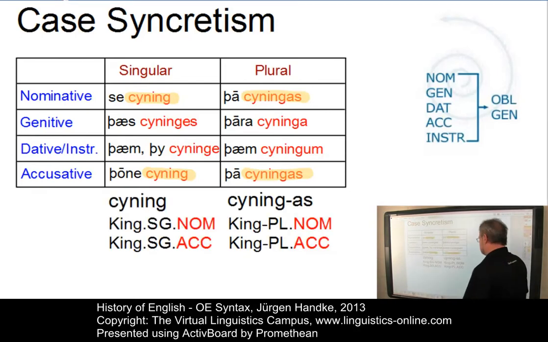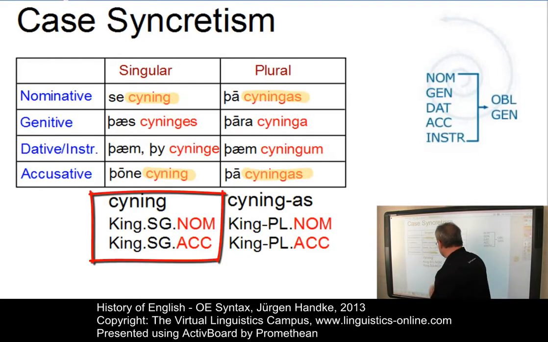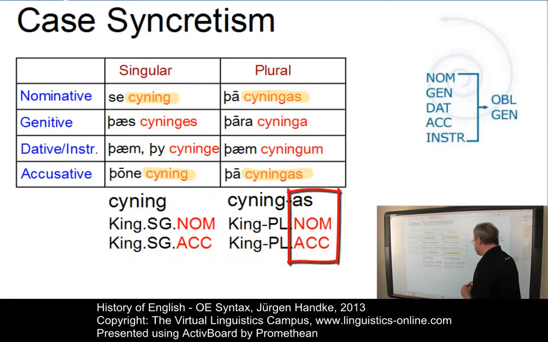Now, this convergence of cases where cyning could now be interpreted as nominative or as accusative in the singular, and as, the affix as, in the paradigm cyning stood for the plural nominative and the plural accusative.